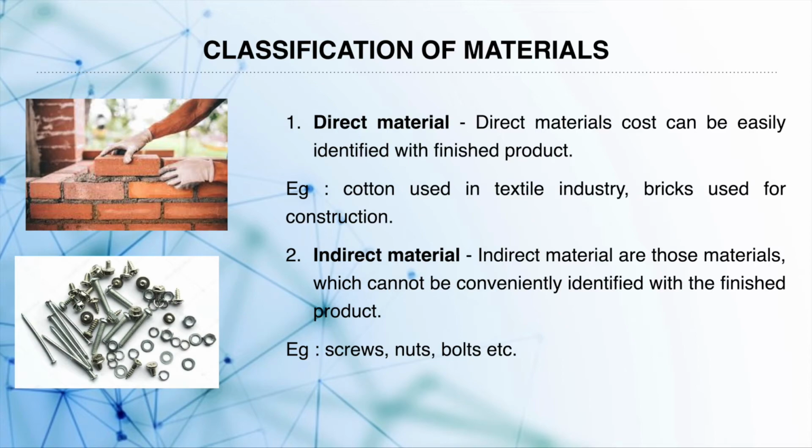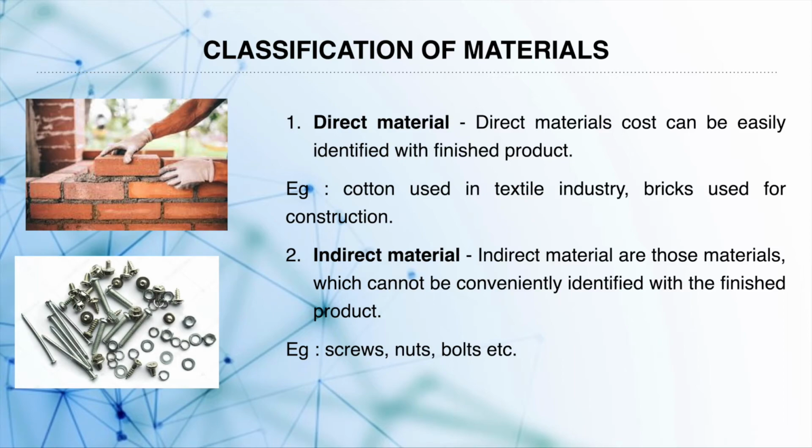Opposite, what is indirect material? These are materials which cannot be conveniently identified. Definitely, we cannot identify how much oil was used, how much polishing paper was used, how many nuts, bolts and screws were used in the process of production. You can take the example of a car manufacturing company.